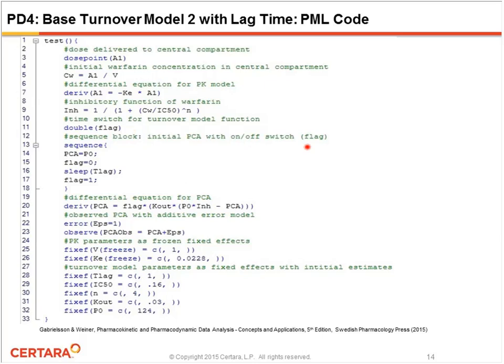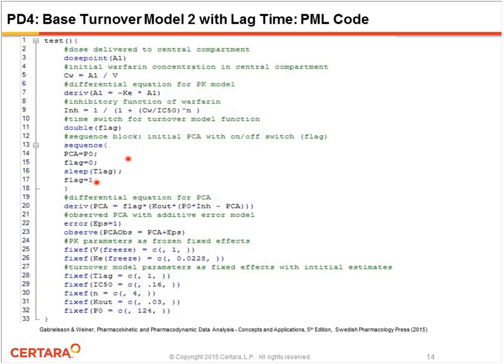So in our sequence statement, we say the initial PCA equals P0, and initially the flag is set to 0. We'll use the sleep statement. So the sleep, nothing happens with this block for a duration of T lag. So this is a lag time that is a fitted parameter in the model. Once the T lag time has elapsed, the flag switches to 1.